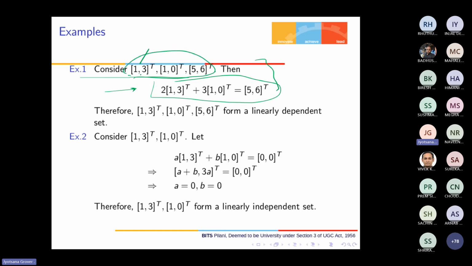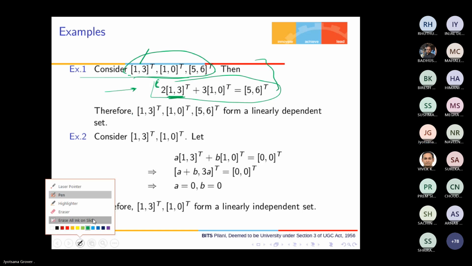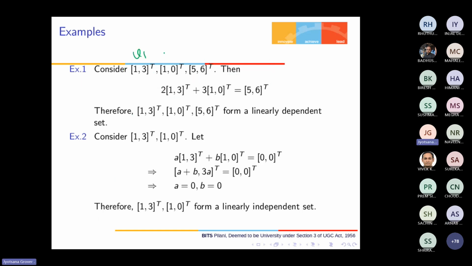Ma'am, in the below example 2, it is taking A and B. A and B are 0, so it is telling it is linearly independent. So can you show like that in example 1, taking A, B, C? Good point. That will handle your doubt.